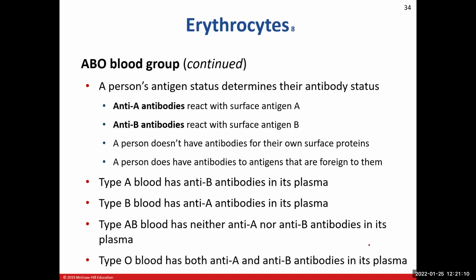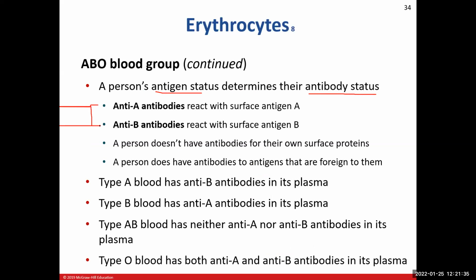So when we talk about our blood grouping, if we're referring to the person's antigen status, this is going to help us when we're trying to understand their antibody status. So these first two bullet points are crucial for you to understand.